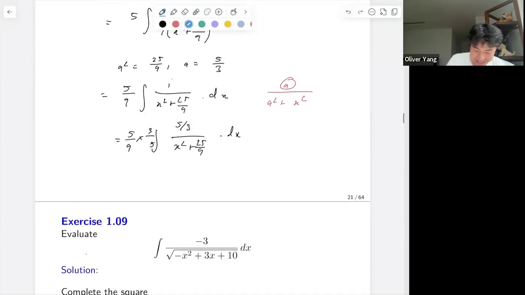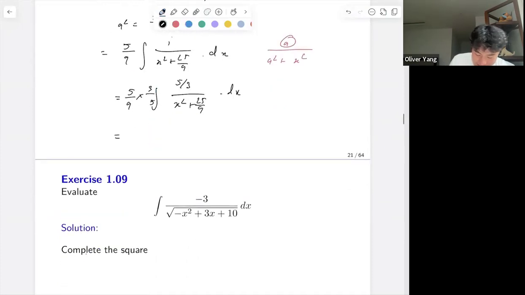So now that we can do the integral, our integral becomes 15 on 45, which is 1 on 3, right? And our integral becomes tan inverse of x on 5 on 3, which is 3x on 5, plus c.